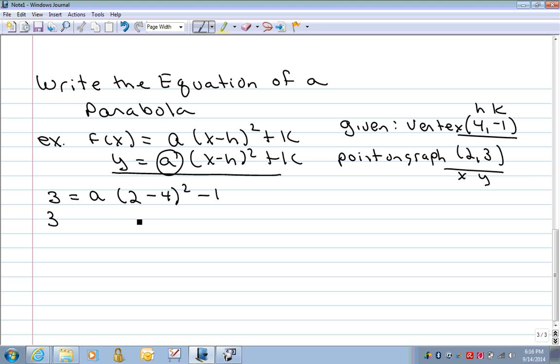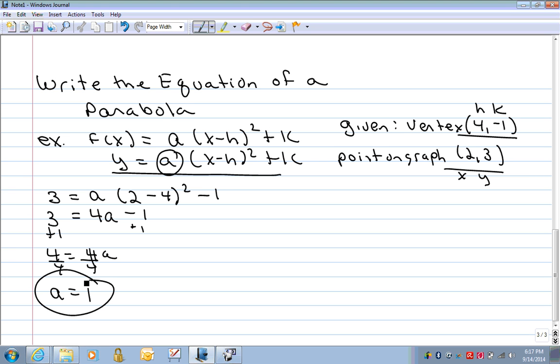So we have 3, and here 2 minus 4 is negative 2, but negative 2 squared would be a positive 4, so 4a minus 1. We're going to go ahead and add the 1 to both sides. So we have 4 equals 4a, and of course if we divide away our 4, a is equal to 1 in this case. That is not always true.